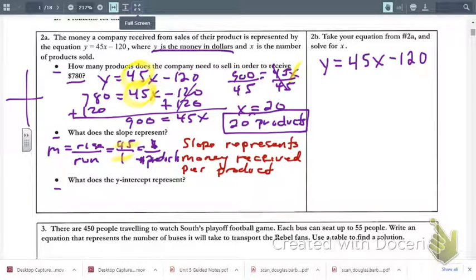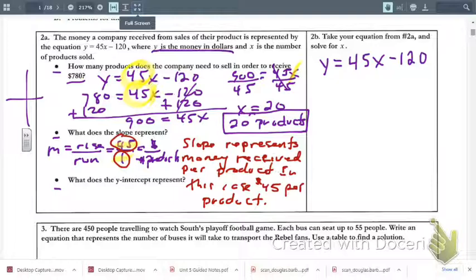And in this case, $45 per product. All right, so the slope represents money received per product. So they get $45 for every one product. So you have $45 per product.